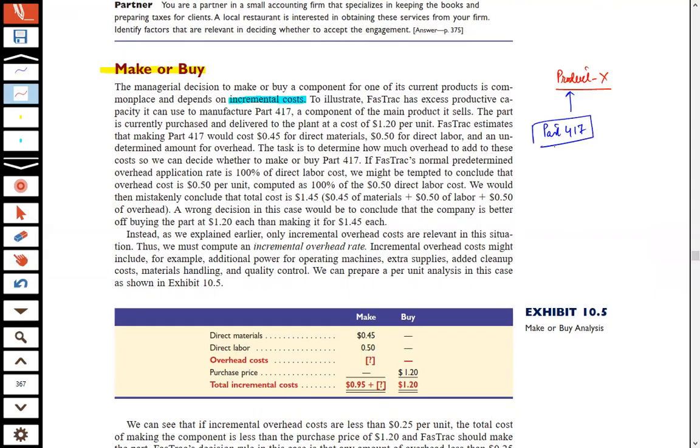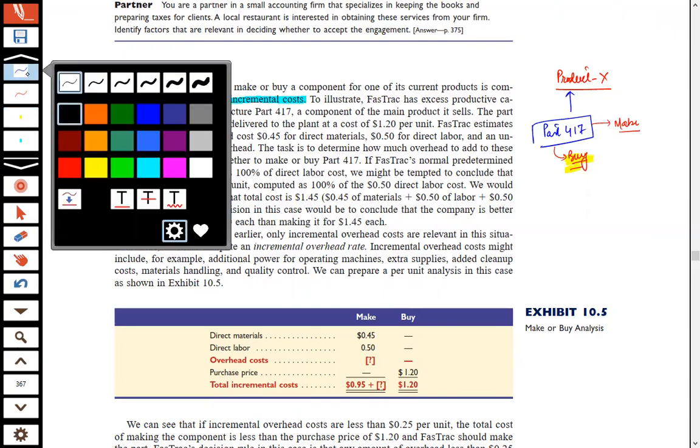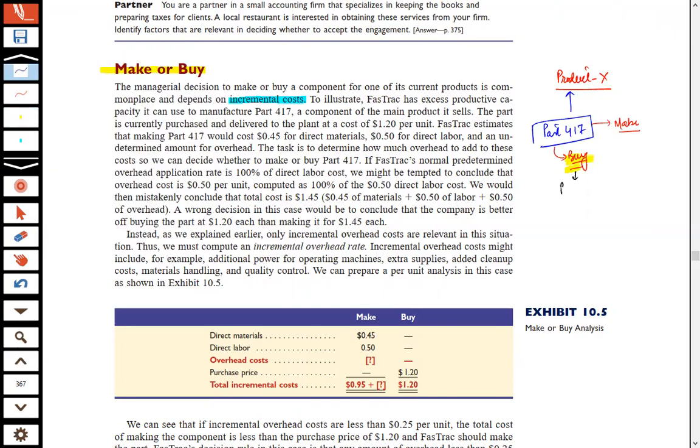This part 417 the company used to buy from outside. Now the company is considering making this part in-house. Obviously, if they buy, there will be one cost, that is the purchase price. And if they decide to make, there will be several manufacturing costs.